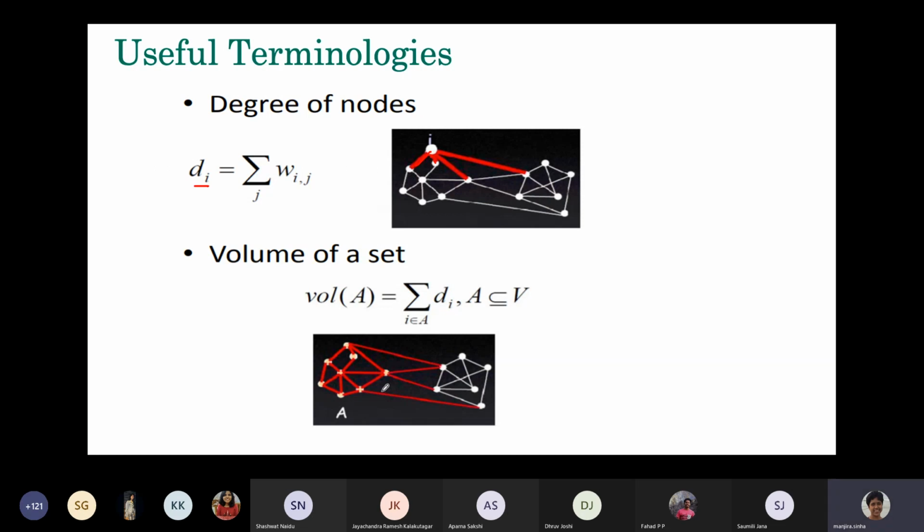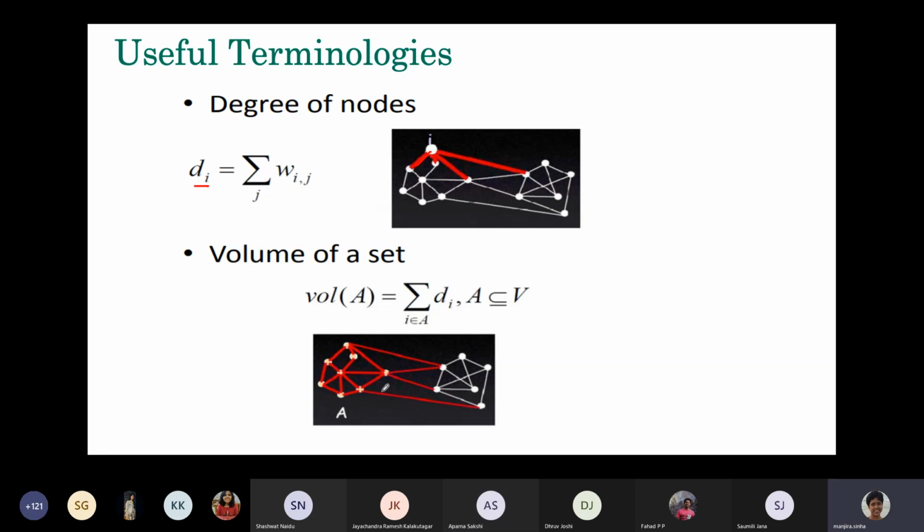Okay. Is it clear? So is it like all the edges which are connected to the vertices?